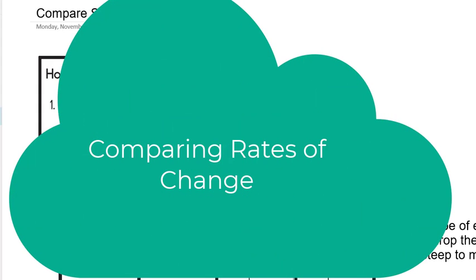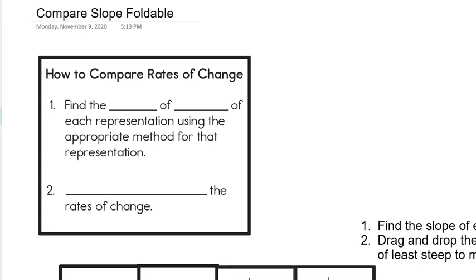So now that we know how to find the slope and the rate of change from various representations, now we need to be able to compare those rates of change in various representations. Okay? So the first thing we need to do is to find that rate of change.